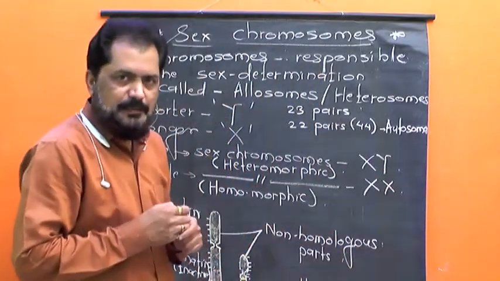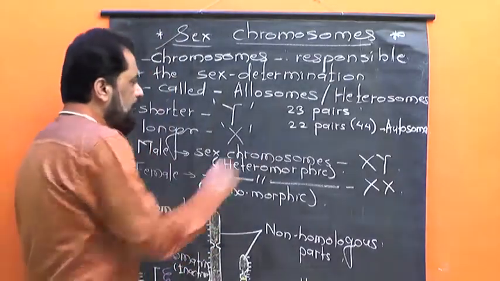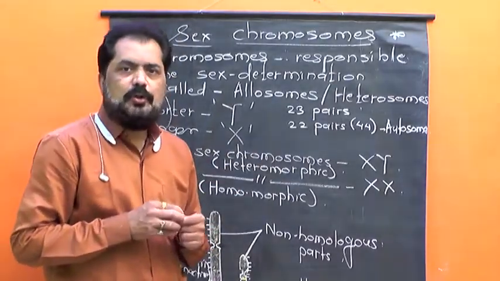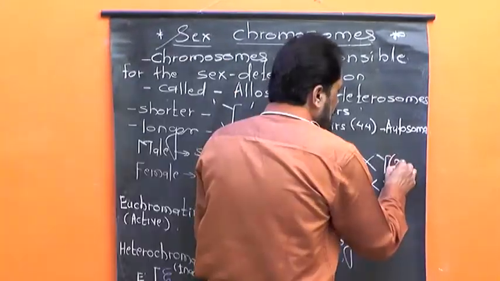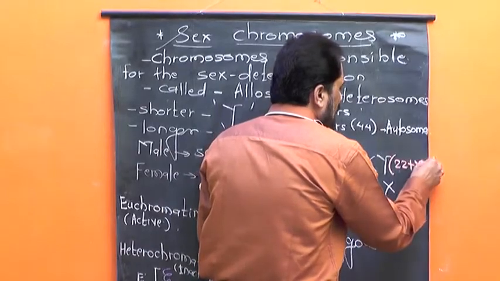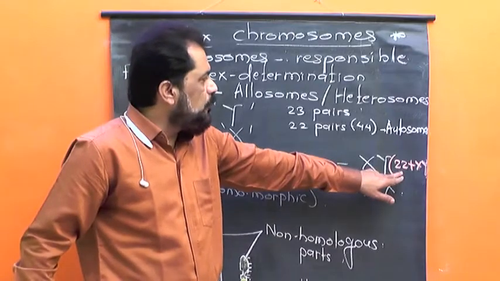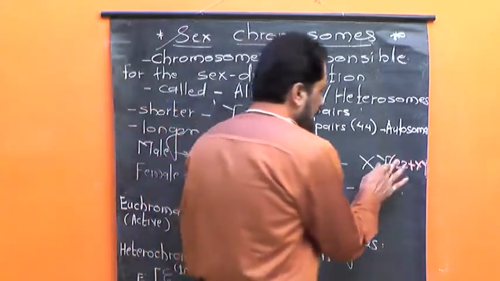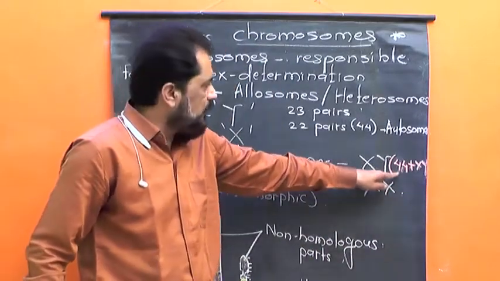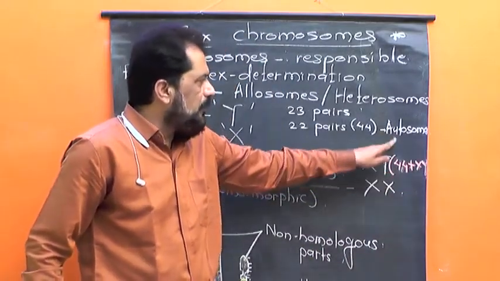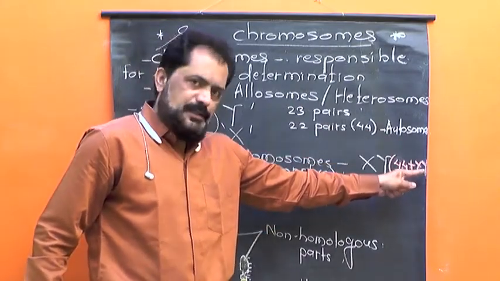Is that clear? Means the chromosomal constitution of human male can be represented as 22 plus XY. Here 22 pairs, so let me write 44. 44 plus XY, that is 44 autosomes, that is 22 pairs of autosomes, and XY as the sex chromosomes.